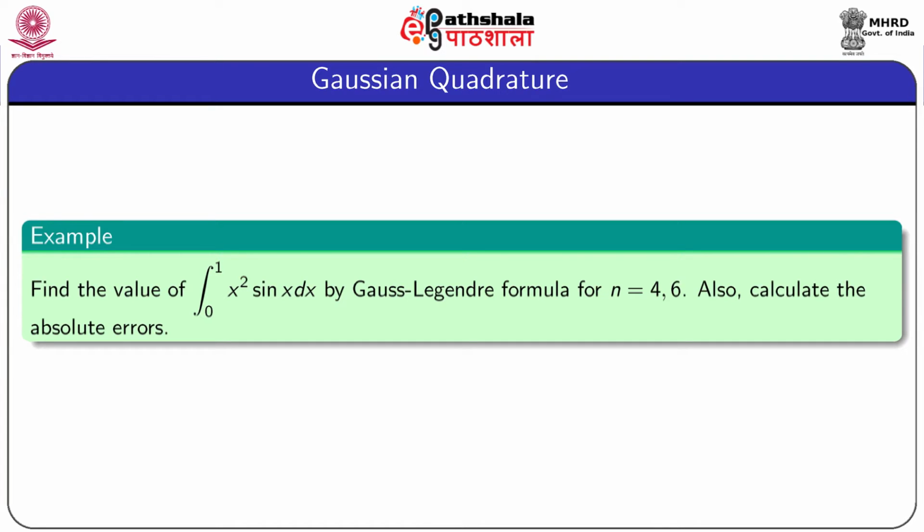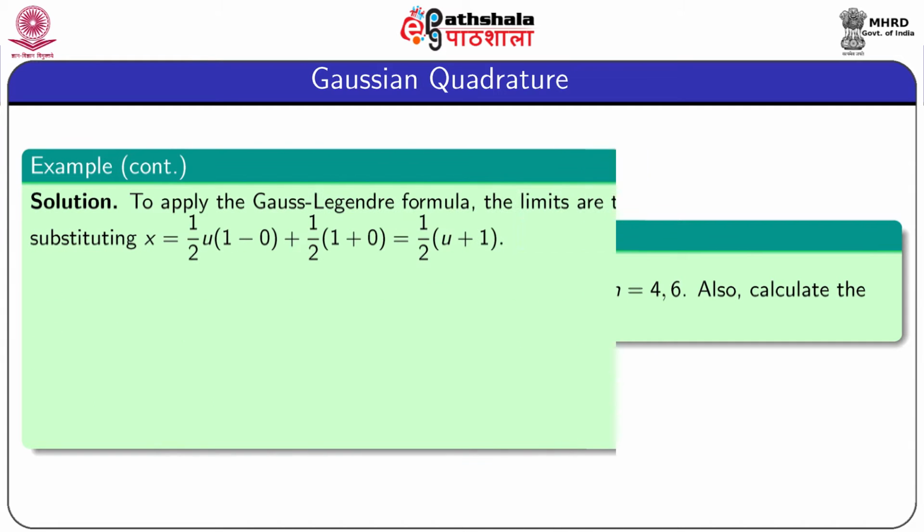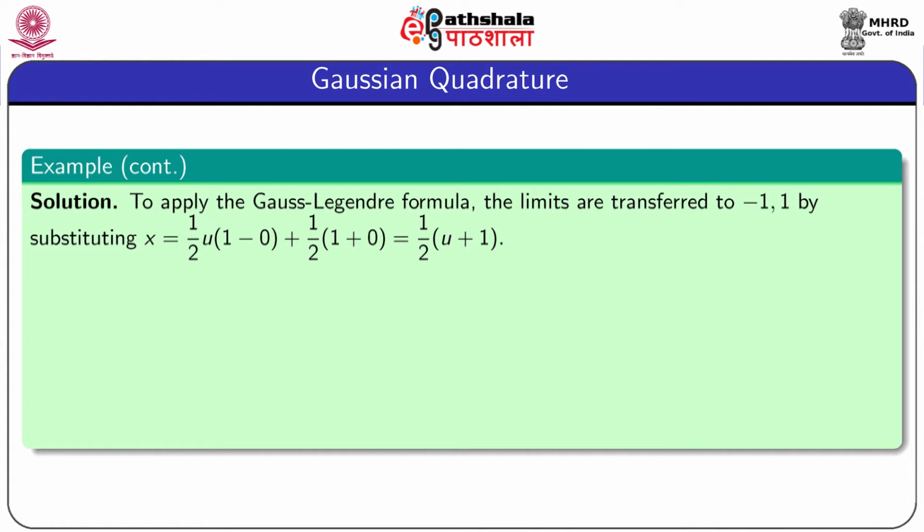Now, we consider one example. Here we have to find the value of the integral from 0 to 1 of x^2 sin x dx by the Gauss-Legendre formula for n equal to 4 and 6. Also, we have to calculate the value of the absolute error. Here note that the limits of the given integral are 0 and 1, but the Gauss-Legendre formula is applicable for the limits -1 to 1.